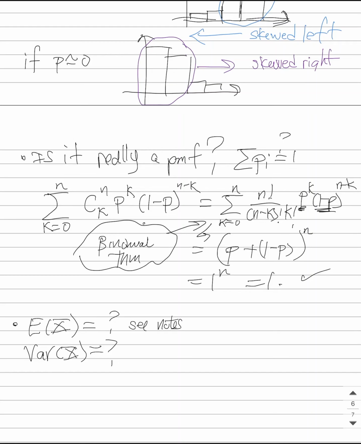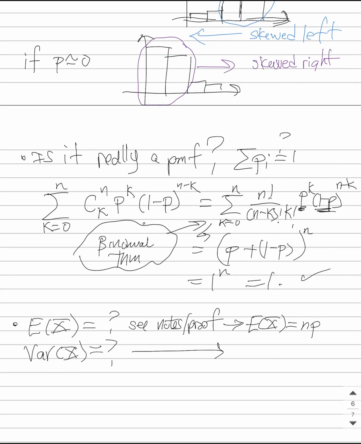Now, I'm going to post these notes online here, but it's long and it's technical and it's mathematical. It turns out that the expectation, just using properties of summation, gives you a handy little formula for the expected value. It's just n times p. And that makes a lot of sense.